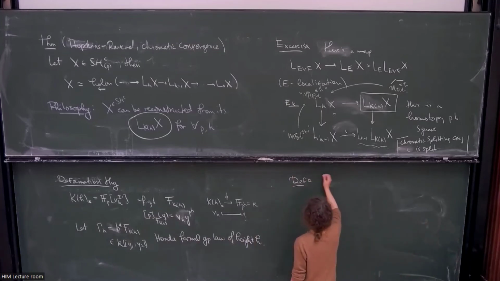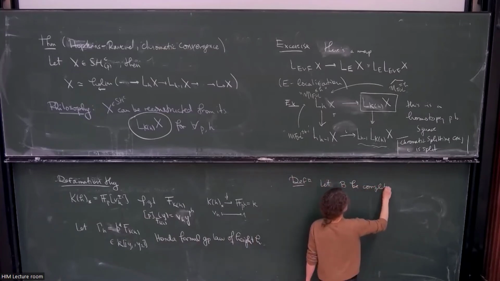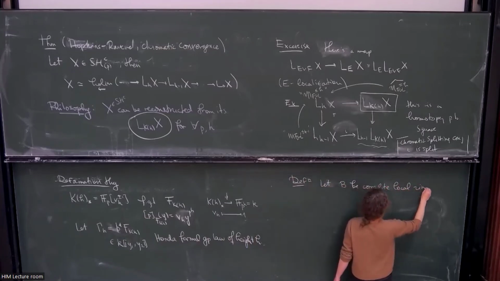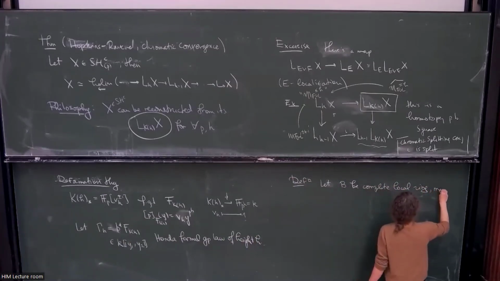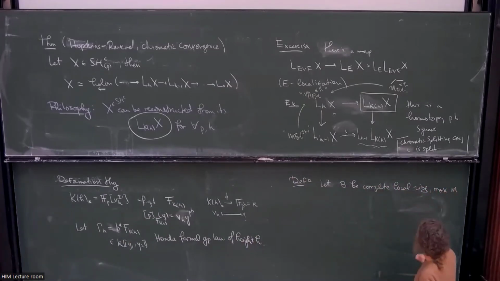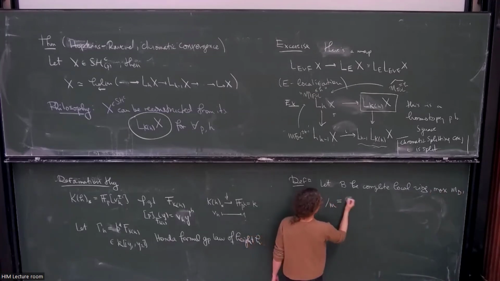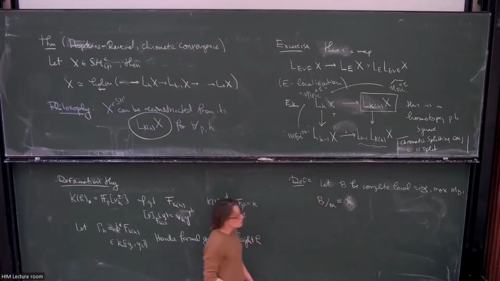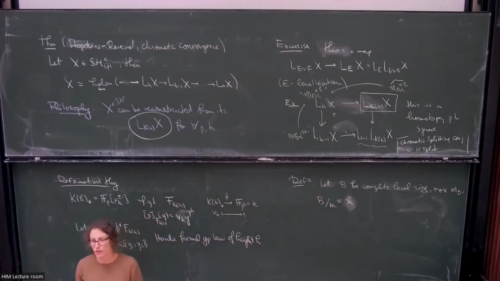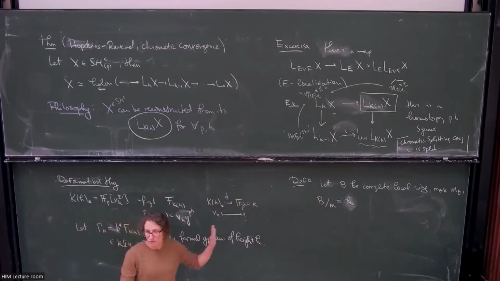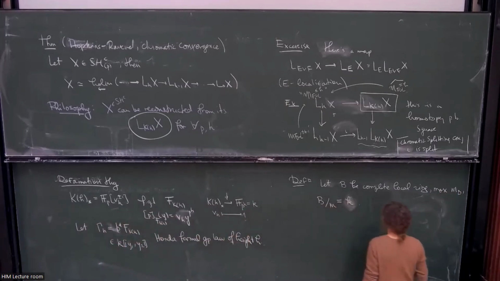So first I should tell you, we're gonna let B be a complete local ring, and the maximal ideal I'm gonna denote by M sub B. I'm calling the field K. So I'm just gonna assume that I've made an identification of the residue field of B with K. You can relax this, I'm just not gonna get into it.